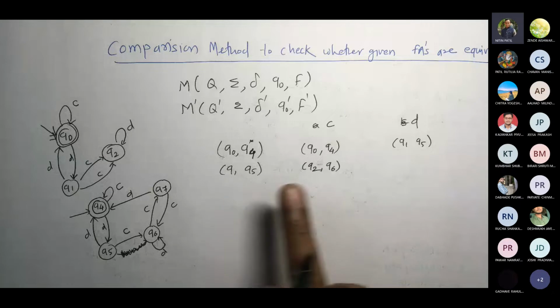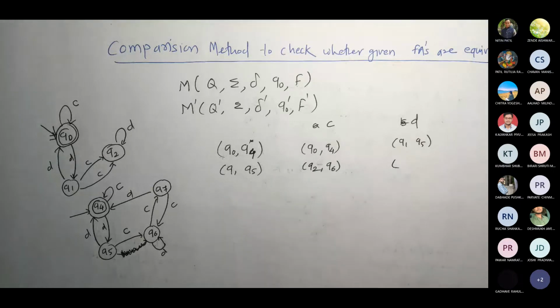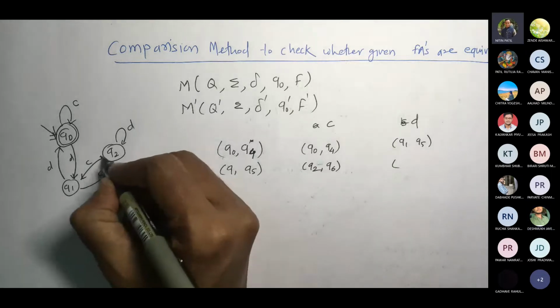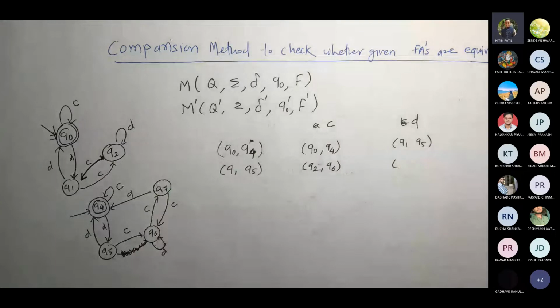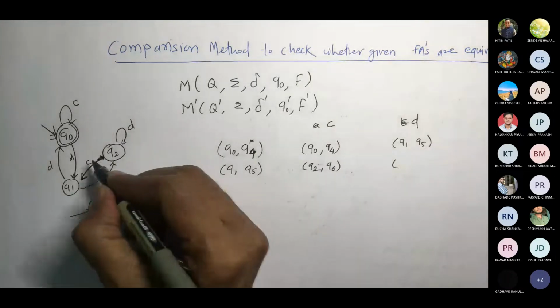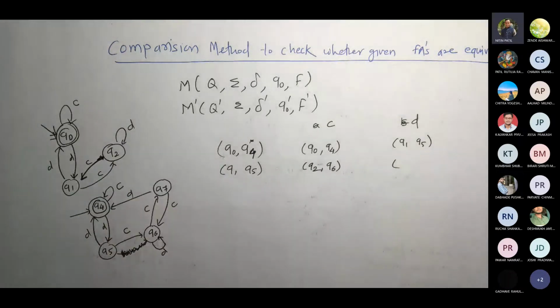So Q1D now, and Q5D. From Q1 to Q2, both the C are going towards Q2. Oh, sorry, I missed it. So this should be done. Otherwise they would not be equivalent. Yeah. Q1, Q5 gives Q0, Q4.